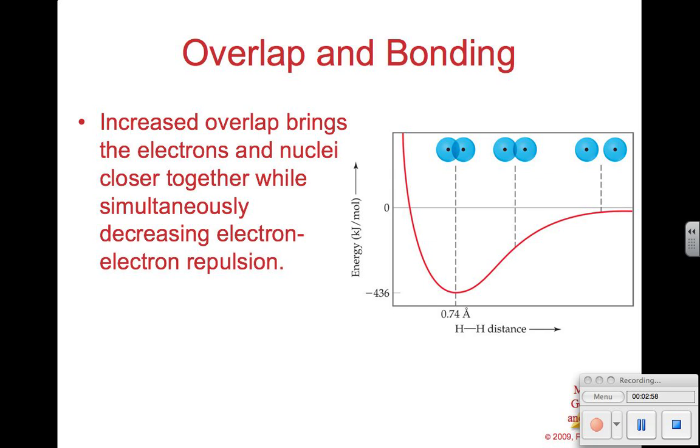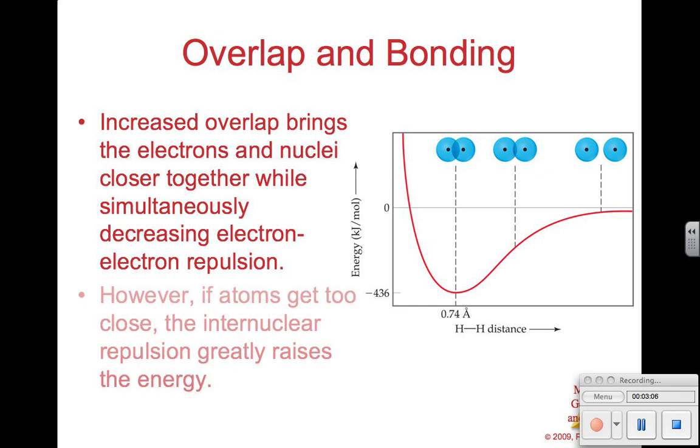So too close, and it takes too much energy for them to be together, and too far away, and less stability. That's basically the distance between the two nuclei when we talk about radius or bond length, things like that.